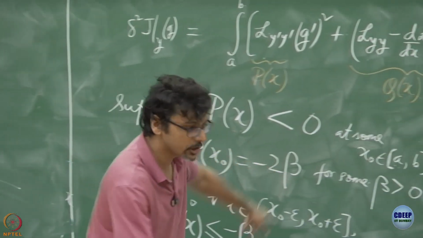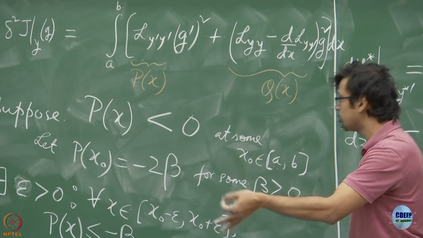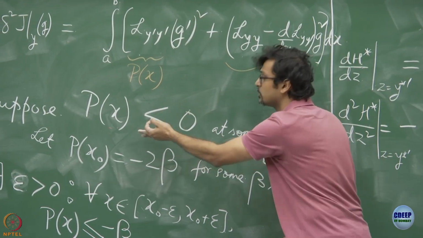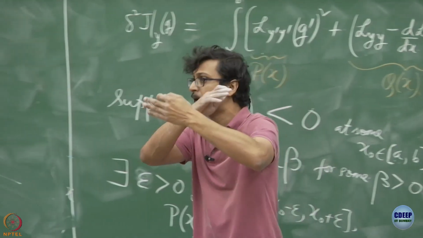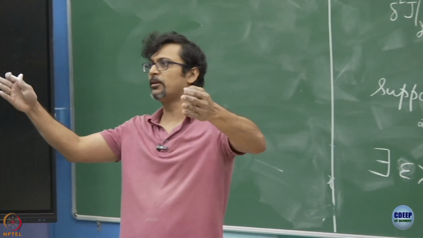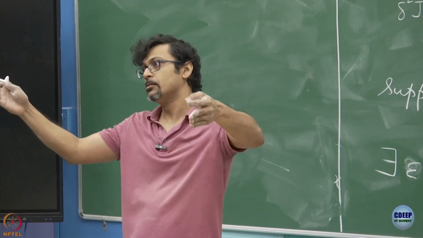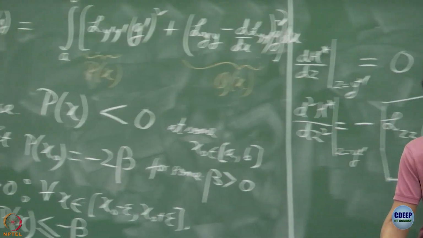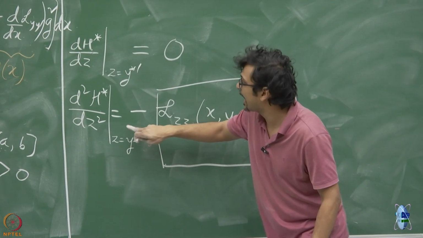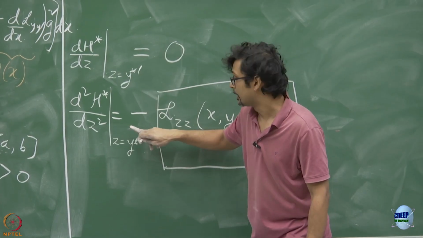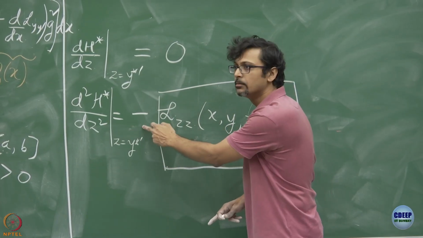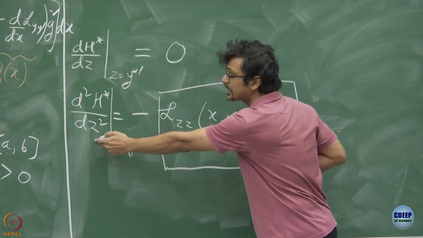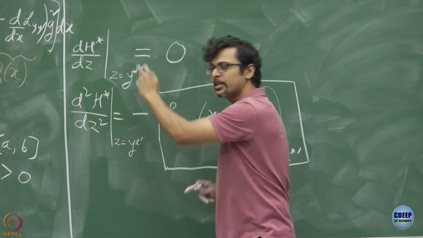Which means what I'll essentially show you is that irrespective of whatever G you choose, it is not possible for Px to assume a negative value at any point in the entire interval from A to B. And by the same token, Px is exactly the negative of this. So this had better be negative, right? Because of the minus sign. So if this fellow has got to be positive, then this fellow has to be negative, which means that the stationary point is indeed a maximum.